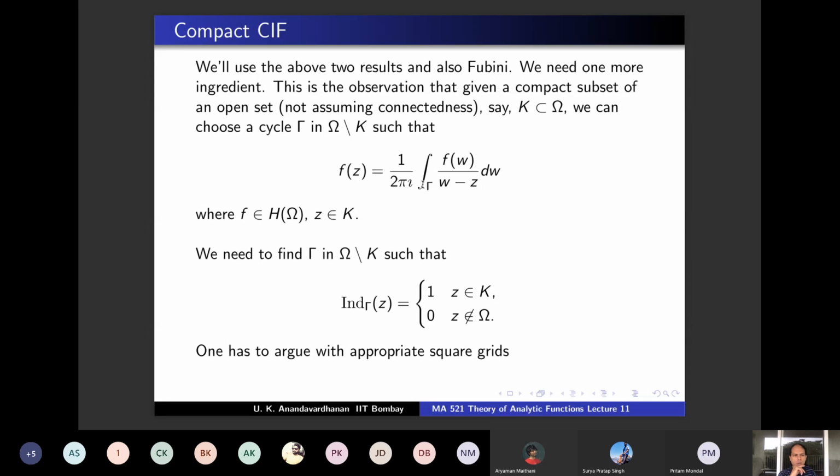And what was omega in the global Cauchy theorem? In the global Cauchy theorem, omega was an open set in the complex plane, right? Yes, omega was an open set in the complex plane, and our proof was to define this omega 1.